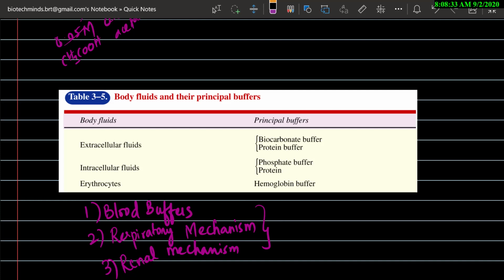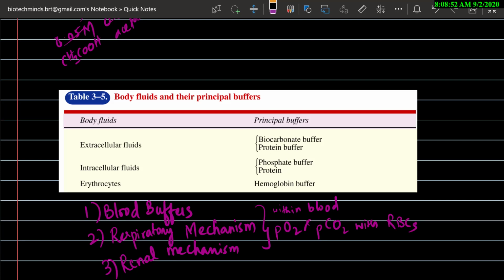Blood buffers take place within the blood, and the respiratory mechanism takes place in the exchange of partial O2 and partial CO2 within erythrocytes, that is this hemoglobin buffer within RBCs.